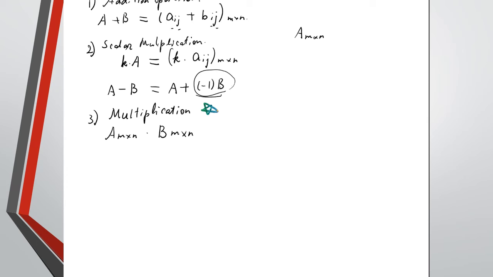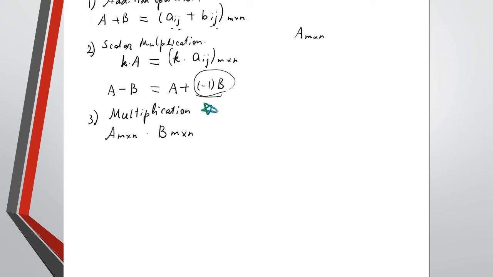Well, maybe later in the future you can define some algebra which can have a definition of such things. But in our current linear algebra, such multiplication has no definition. So it means not all matrices can be multiplied together.